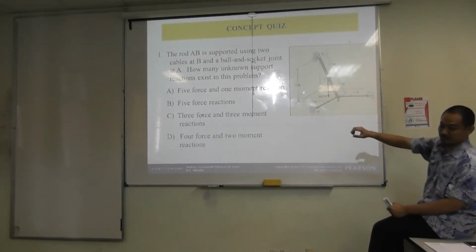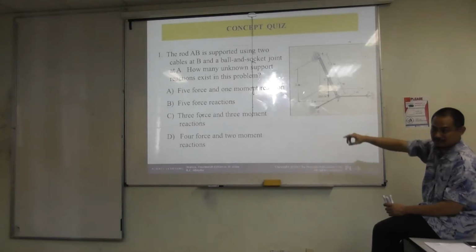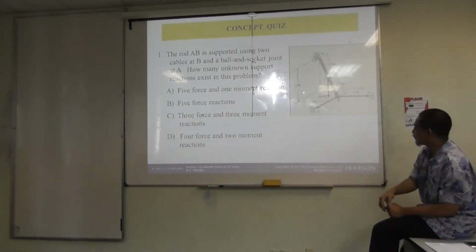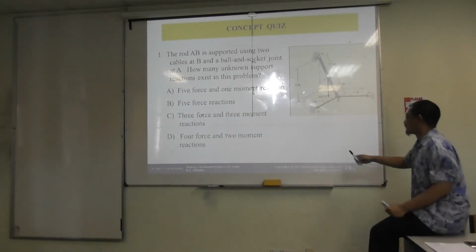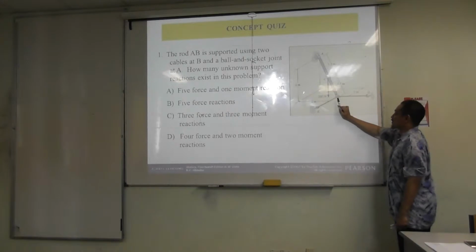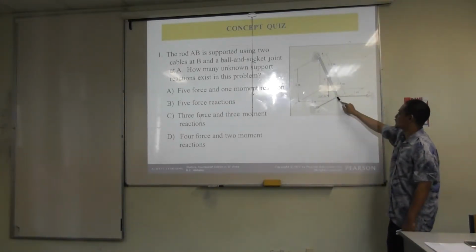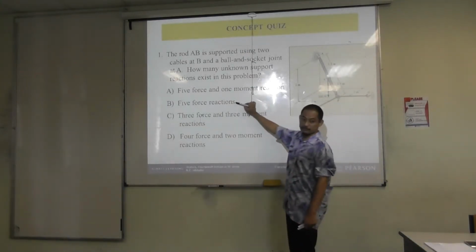Okay, do you understand what you have for ball and socket? Right, you cannot move in any of the directions, right? So make sure you understand this one. So how many are here? One. How many are here? One. Tension only, right? So in total, you get 5 forces, right?